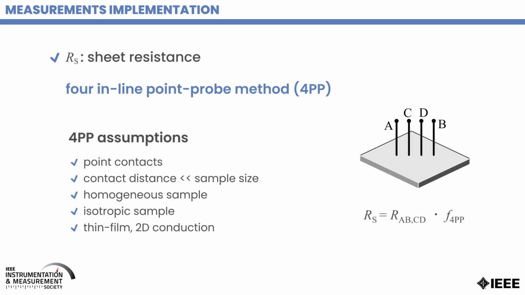sample resistance. Electrical resistance tomography is not the only technique that uses four-terminal electrical resistance, obviously. There are more established techniques that make use of this approach. For example, the four inline point probe technique, which requires four inline contacts, two of which are used to inject the current and two of which are used for sensing the voltage.